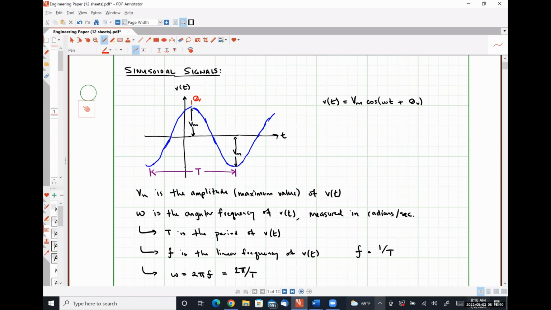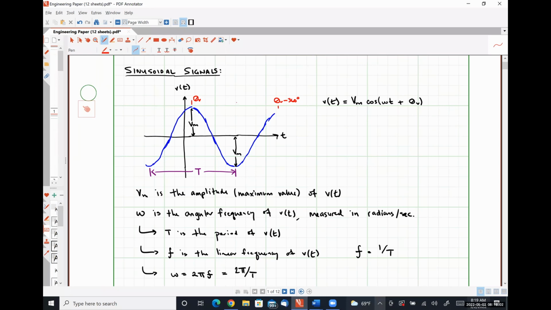So theta v by itself corresponds with this positive peak, right? And when we hit our second positive peak over here, this would be theta v minus 360 degrees because we're time shifted to the right by one full cycle, okay?